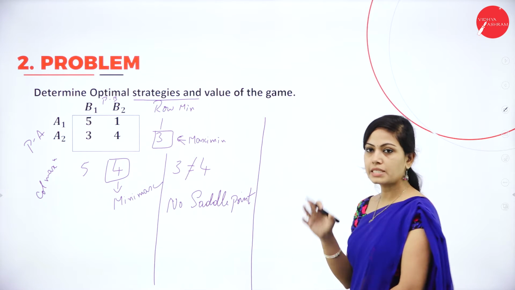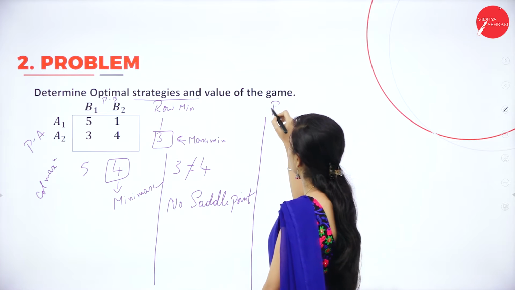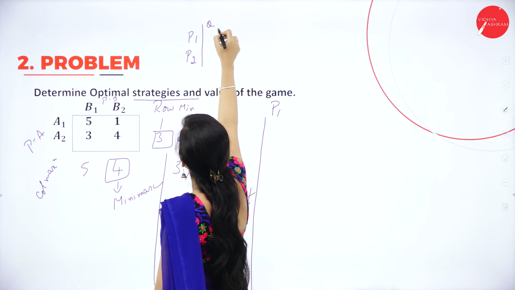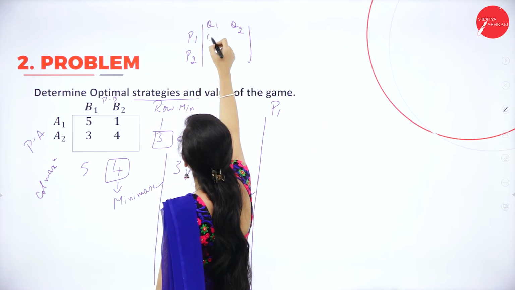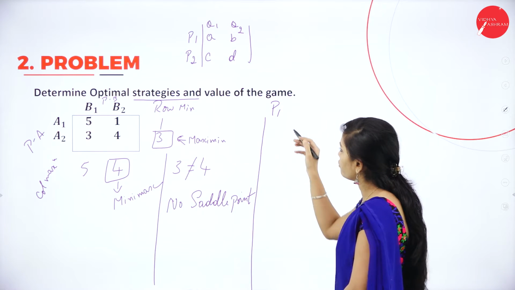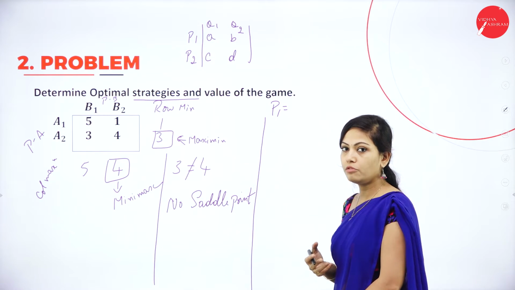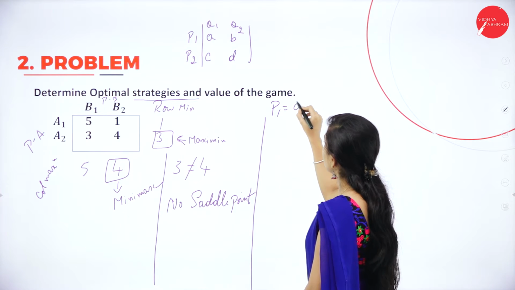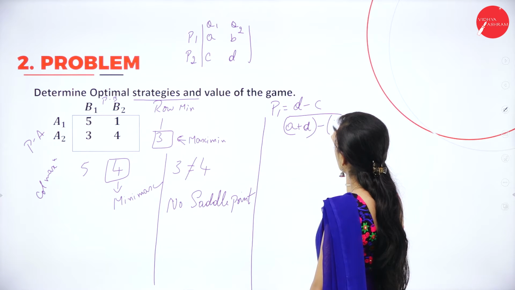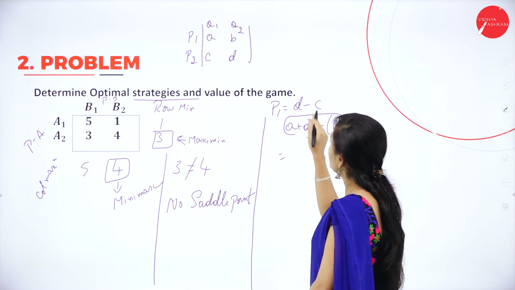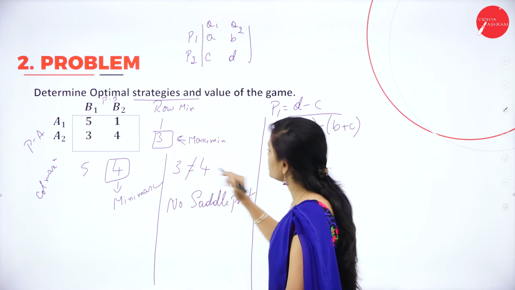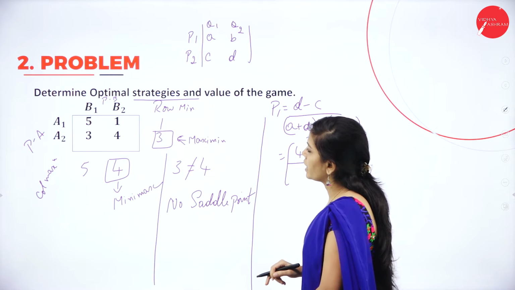If you do not get the saddle point, you have to use another method: finding the P1, P2 and Q1, Q2 values. So here we have A, B, C, D. By using this matrix method, we can find the P1 value. The formula for P1 is D minus C divided by A plus D minus B plus C. D value is 4, minus C value 3.